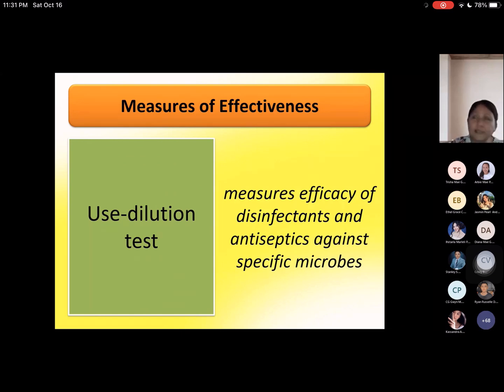In the next laboratory activity and the video presentation that they already gave you for your lab supplements, we use disinfectants and antiseptics to test the efficacy of certain disinfectants and antiseptics.